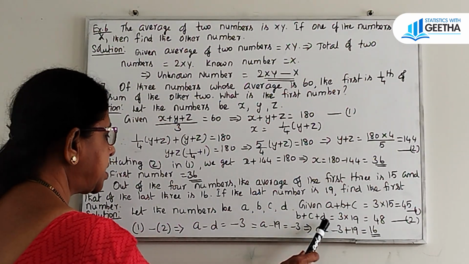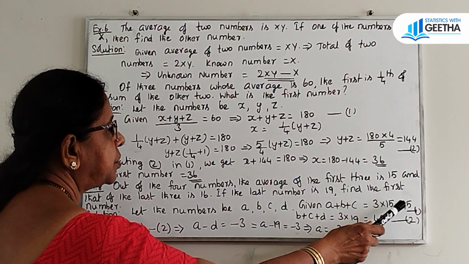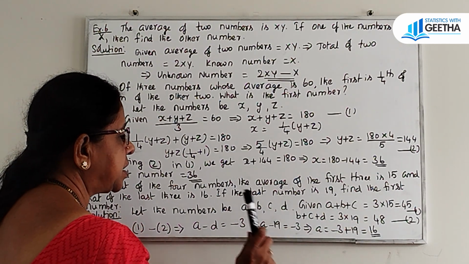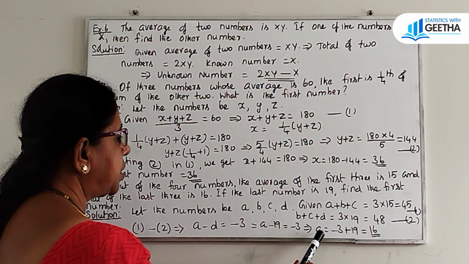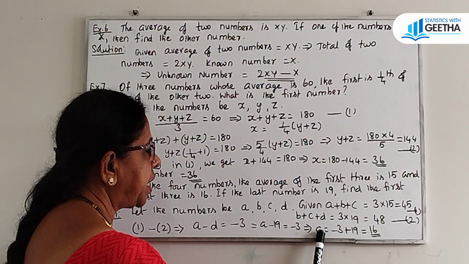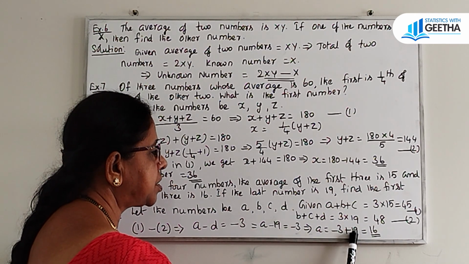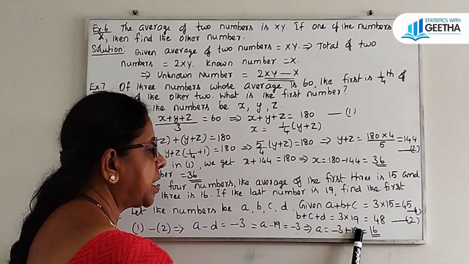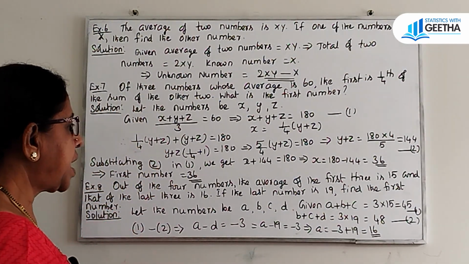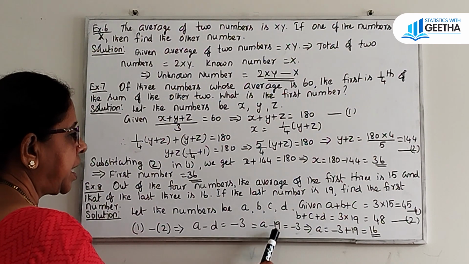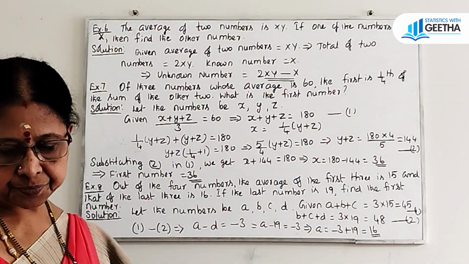So a minus d மட்டும் இருக்கும், a minus d equal to 45 minus 48, that is minus 3. So a equal to, நமக்கு a மட்டும்தான் வேணும், இந்த minus 3, இந்த 19 மைனஸ் அங்கே போகும்போது plus ஆயிரும், so minus 3 plus 19 which is equal to 16. Therefore the first number a equal to 16.